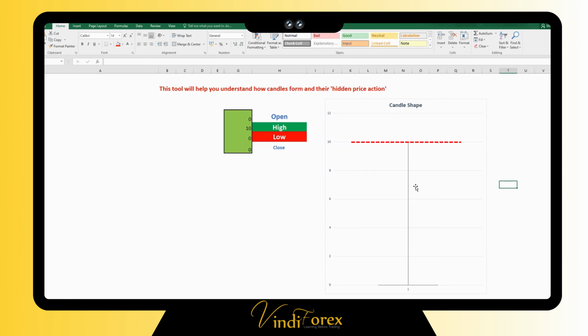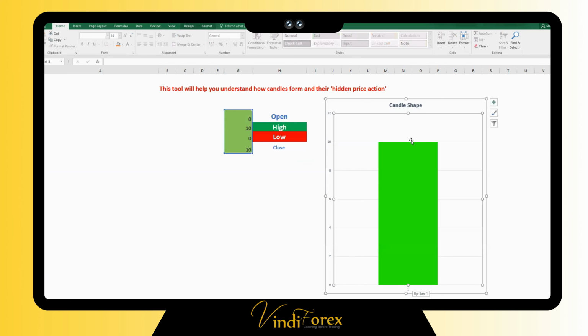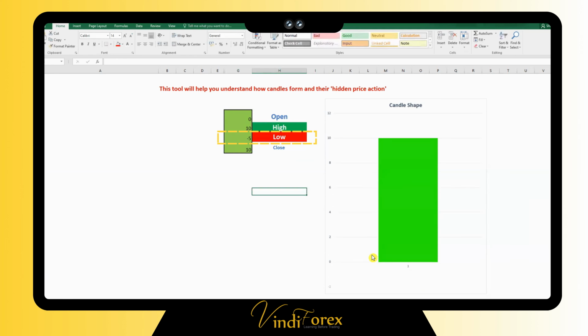So if we were to again put a 10 right here, let's say price was to push up to this particular level, but it doesn't stay there. Let's say it goes below from where it opened. Let's say it goes to a lowest point, which will be maybe -5.